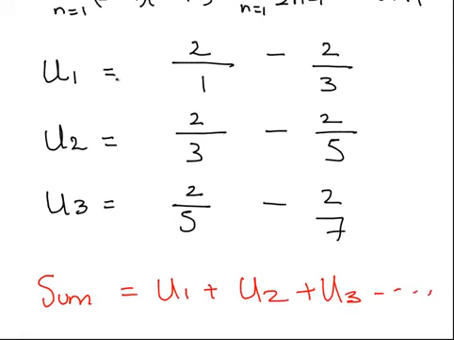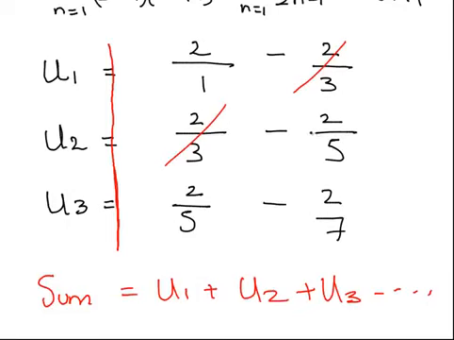Let's add up all of these and restructure. When we add u1 and u2, the minus 2 over 3 and plus 2 over 3 cancel out, leaving 2 and minus 2 over 5.